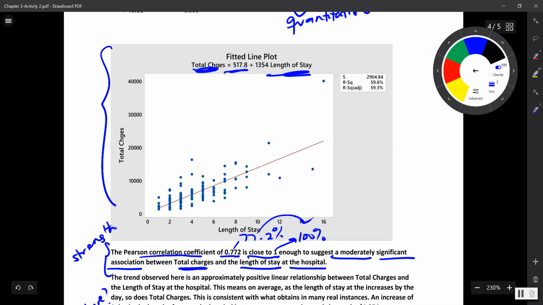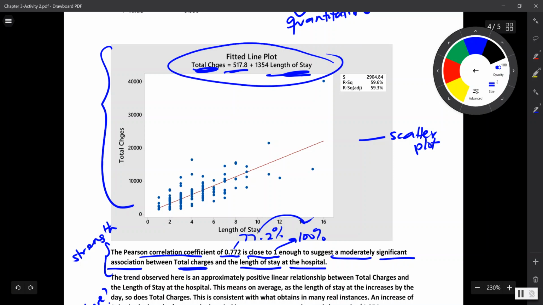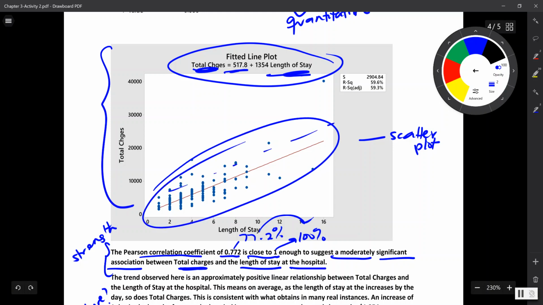And such a tool that can be used here is what we call the scatter plot. In this scatter plot, we also generate an equation depending on the pattern we see. What pattern we see here is very, very linear in nature. And it shows that on average, as length of stay increases, the total charges also what? Increases.